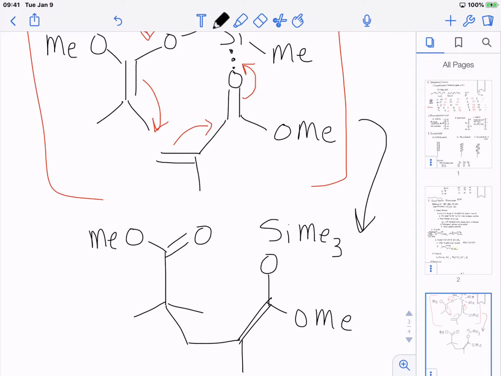Okay, so what we've done here is we have, in effect, inserted a methyl methacrylate chain inside of the growing end, and now I have a silyl group at the end of the chain, and that can react further in the same way.